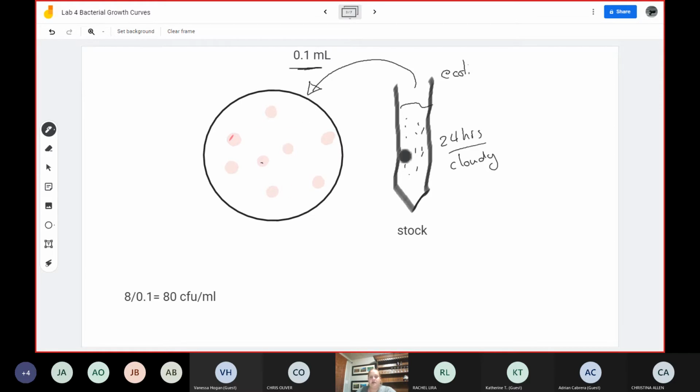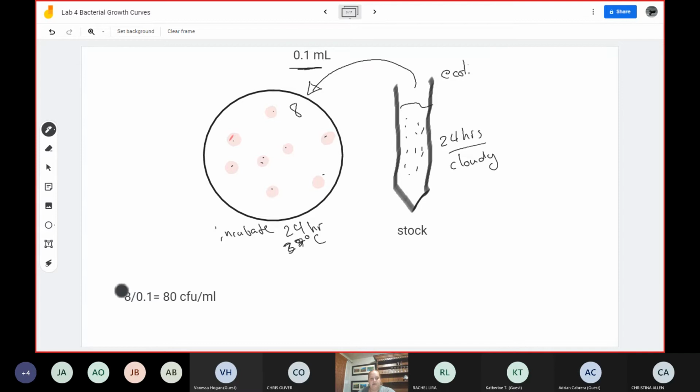You would incubate this. So this took 24 hours to make. Then you would plate it, and then you would incubate for, whatever you're growing has different times that you would need to incubate it, but maybe say incubate for 24 hours at 37 degrees C. So there's always a time and a temperature, and you would get spots forming on your plate. If we counted these spots, I believe there's 8 of them. So I put our little equation down here.